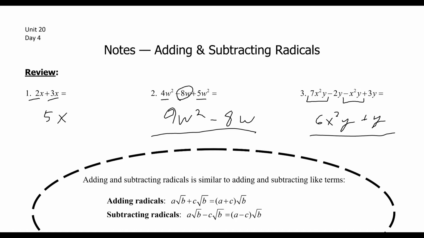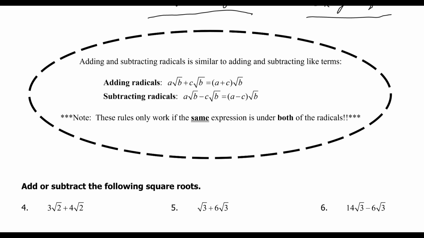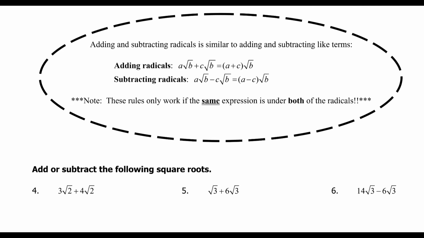Now, the next little section here, we've got adding and subtracting radicals. It's similar to adding or subtracting like terms, exactly like I just said. We're going to have a and c, and we add the a and the c only if the square root is b on both of them.